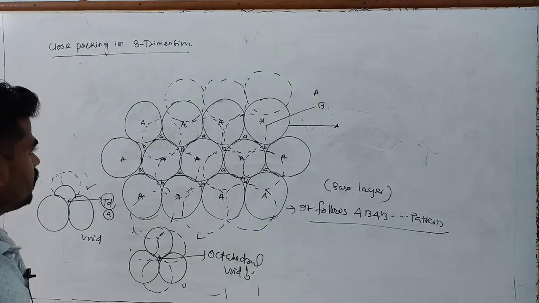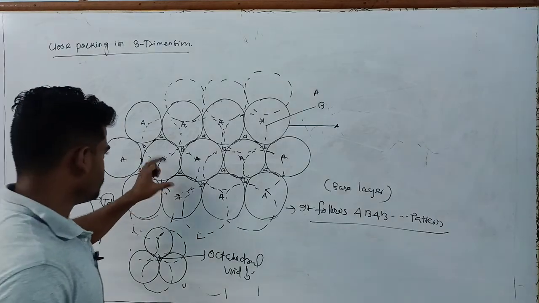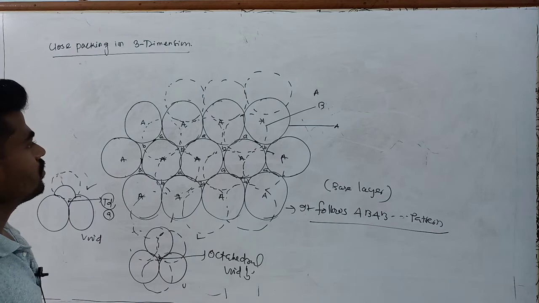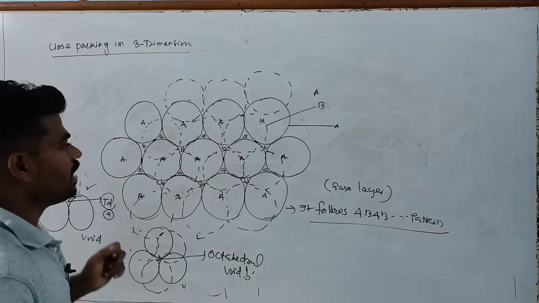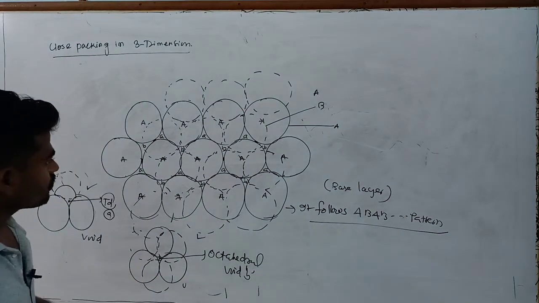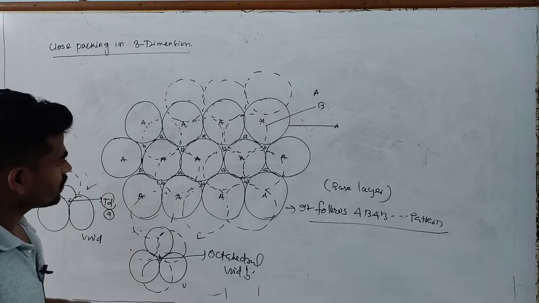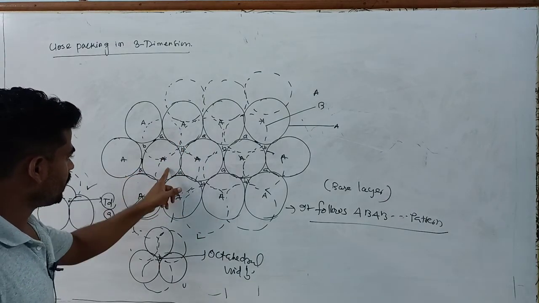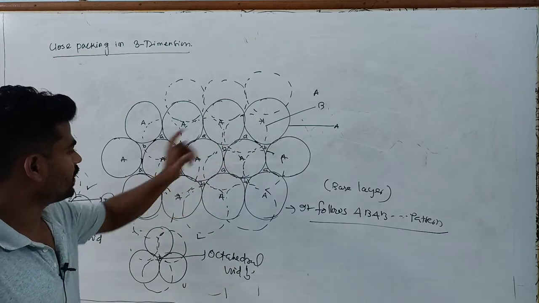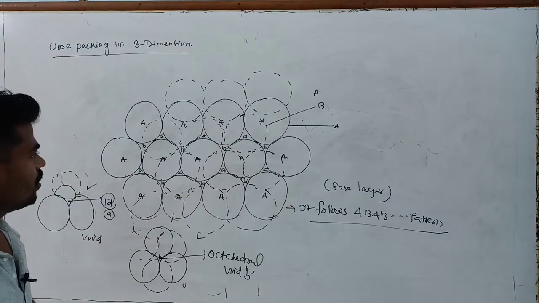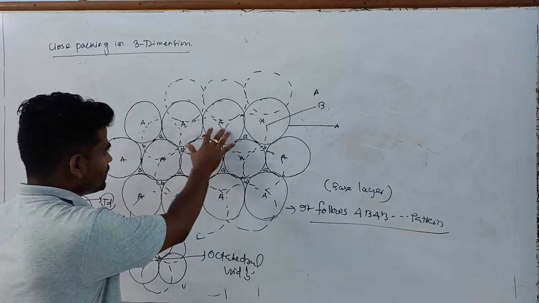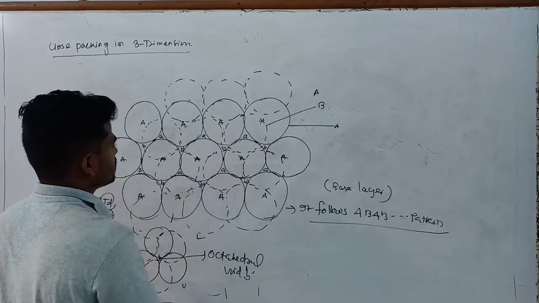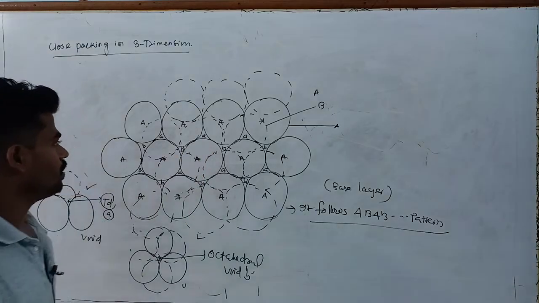Now, since it is very difficult to draw the third layer, just imagine in 3 dimensions I am getting it like this. You consider these 6 spheres, capital A, of the base layer. Is that clear? So upon these 6 spheres, 1, 2, 3, 4, 5, 6, there is a central sphere.